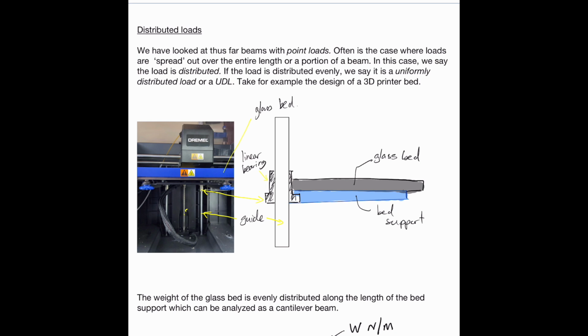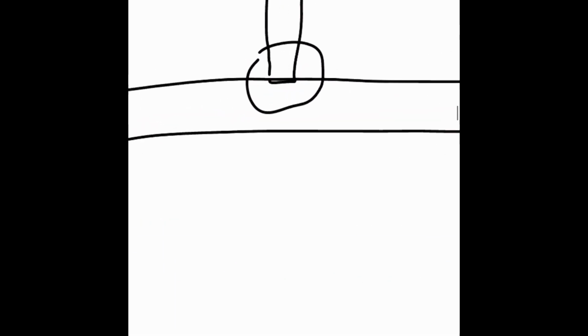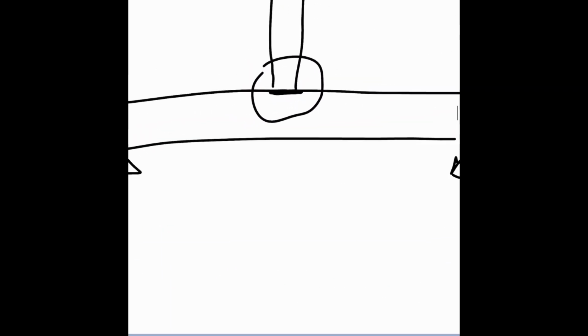So a point load is an ideal case. If you really look at something like a point load, let's just say we have some mass resting on a beam like this, we could approximate this to be a point load. But really, if you were to zoom in on this, you would see that it is in fact spread out over a region.